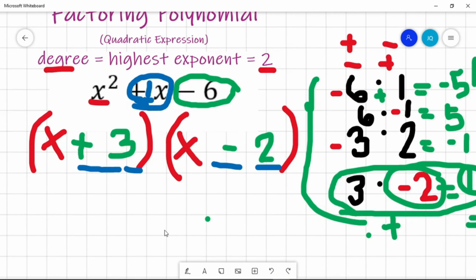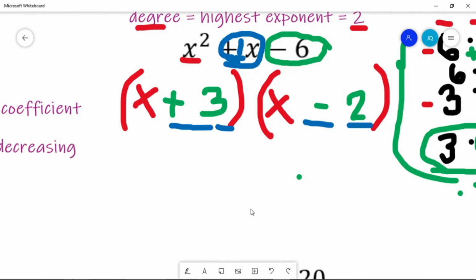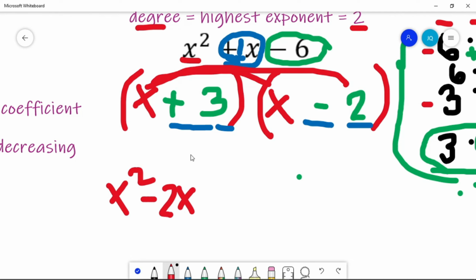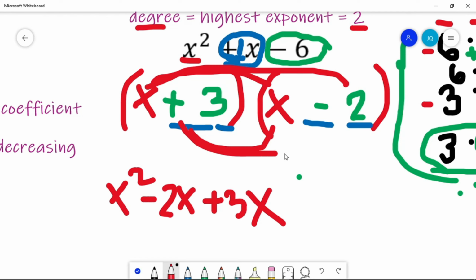Okay, how would we know that it's correct? Let's check. x times x, that's x squared. x times negative 2, that's negative 2x. Positive 3 times x, that's positive 3x. Positive 3 times negative 2, that's minus 6.